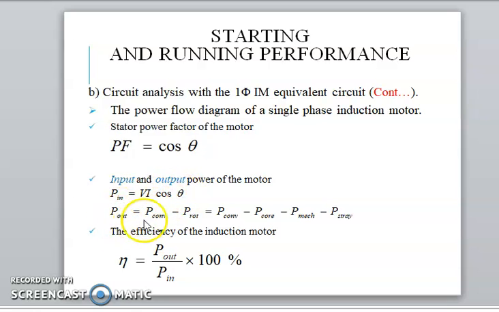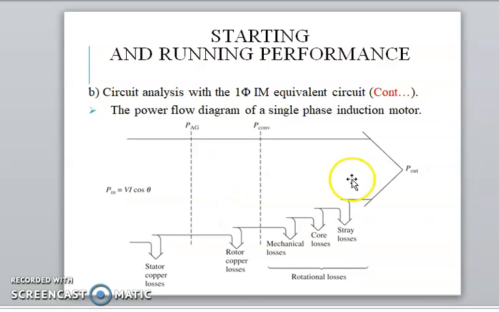Meanwhile, P out is equal to P converted minus P rotational. And P air gap is equal to P in minus stator copper loss.